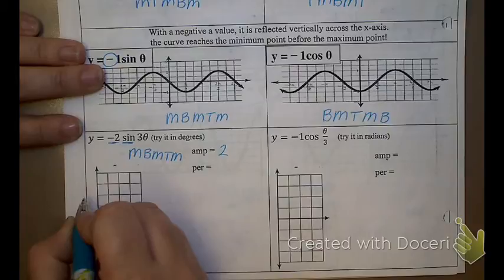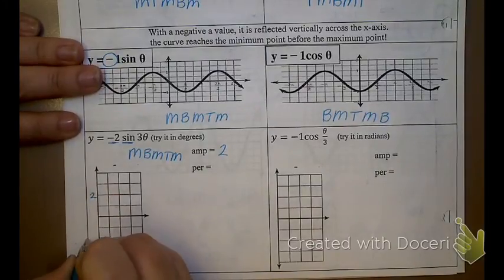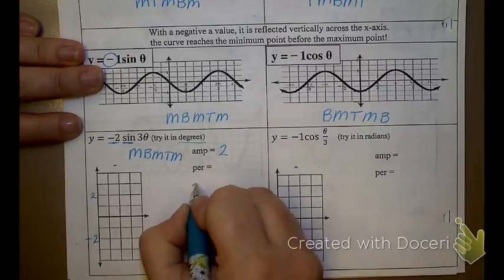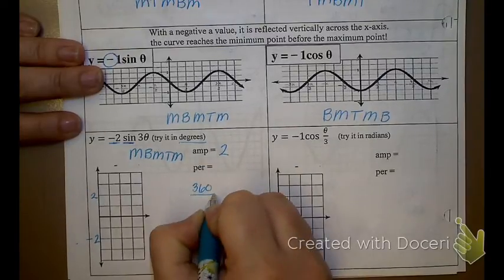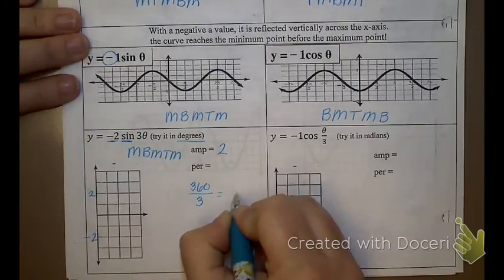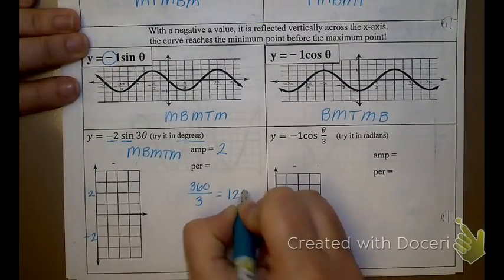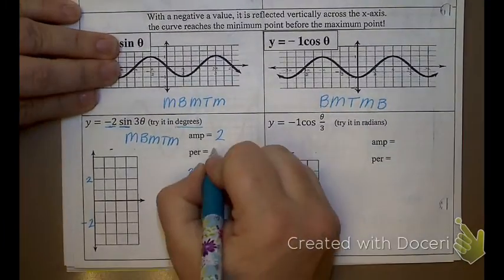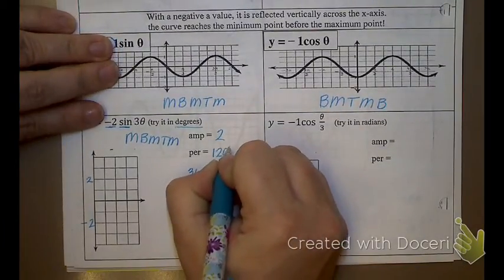So my amplitude is 2, so I'm going to go ahead and mark 2 and -2 on here. And I'm finding this in degrees, so 360 degrees divided by the absolute value of b, which is 3. 360 divided by 3 is 120, so that tells me how I'm going to be setting up my x-axis. My period is 120 degrees.